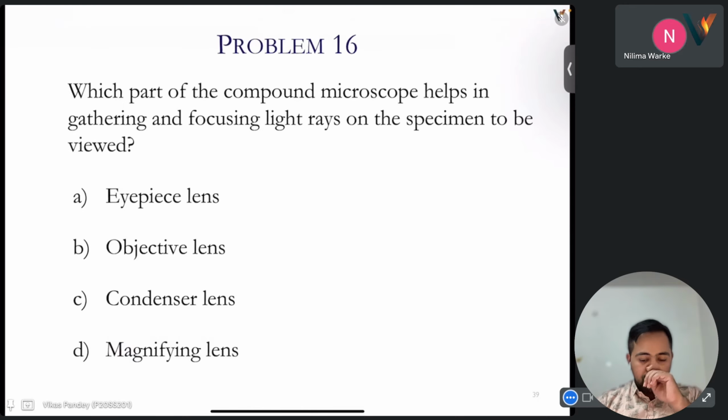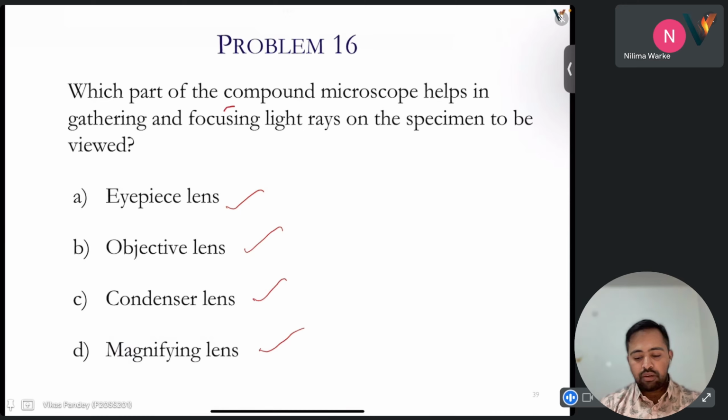Okay, which part of a compound microscope helps in gathering and focusing light rays on the specimen to be viewed? Is it the eyepiece lens, objective lens, condenser lens, or magnifying lens, that gathers the light and focuses it on the sample?